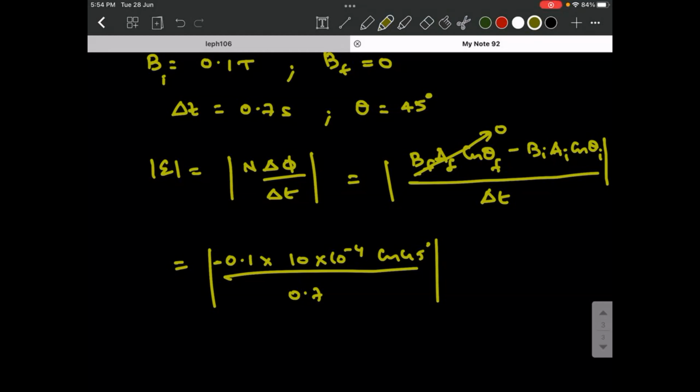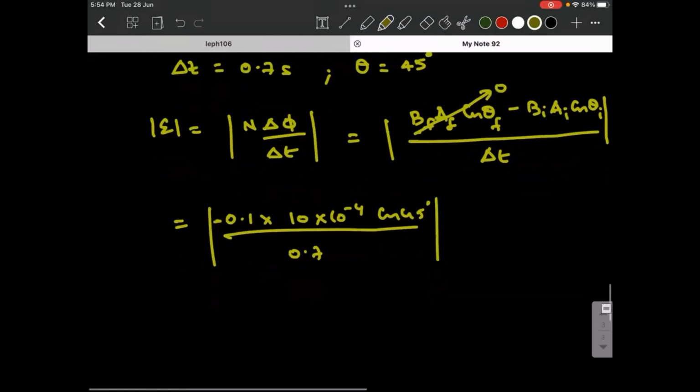B final is 0. That's why I cancelled it out. See, change is always final minus initial. Anyways, we are taking only modulus, so we are on the safe side. Remember, cos 45 is how much? 1 divided by root 2.